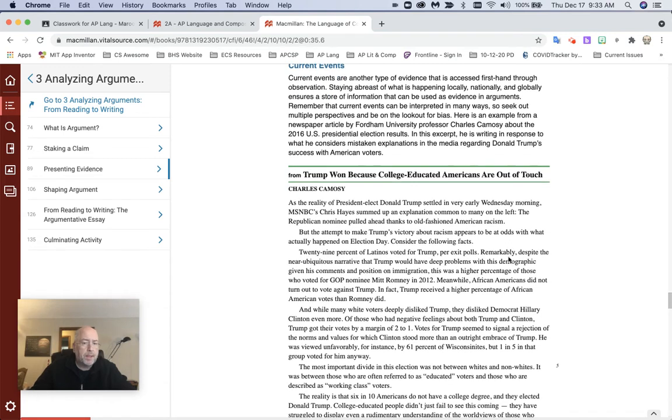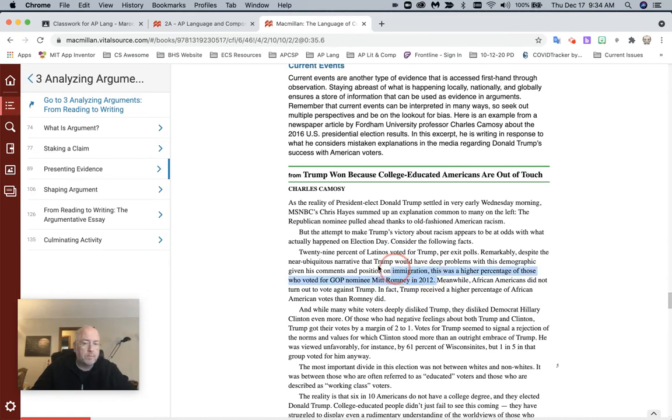And for example, he put in from current events an example right in here. 29% of Latinos voted for Trump per exit polls. Remarkably, despite the near ubiquitous narrative that Trump would have deep problems with this demographic, given his comments and position on immigration, this is a higher percentage than those who voted for GOP nominee Mitt Romney in 2012.